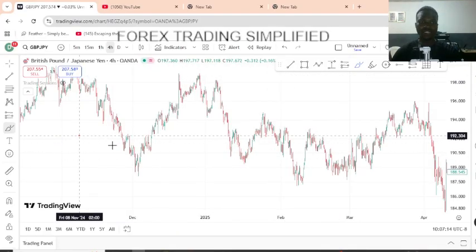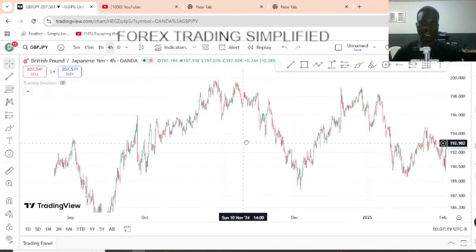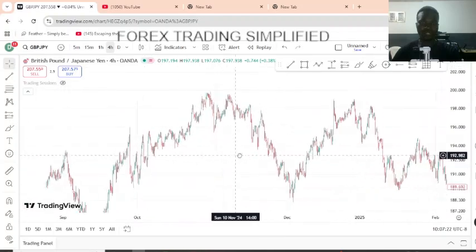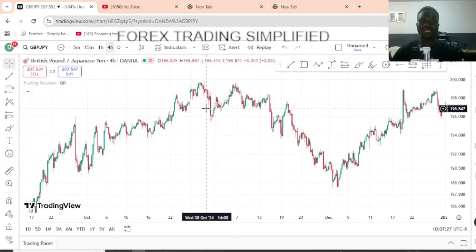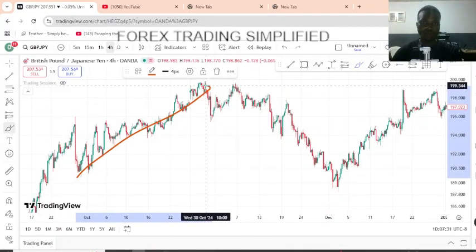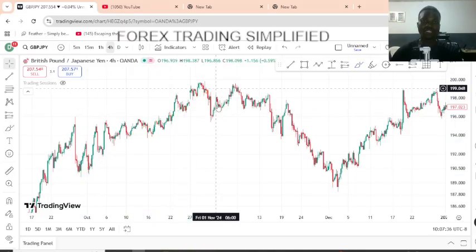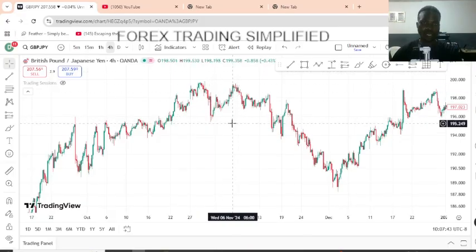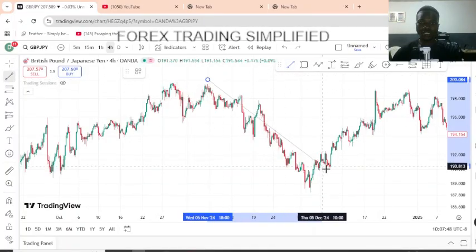We even have more examples right there, so let me just use this one to explain to you now. At a point in time we see that the market was actually buying up to this stage, but after the market reverses from here, the market refuses to go up. So now the market continues to sell downward.